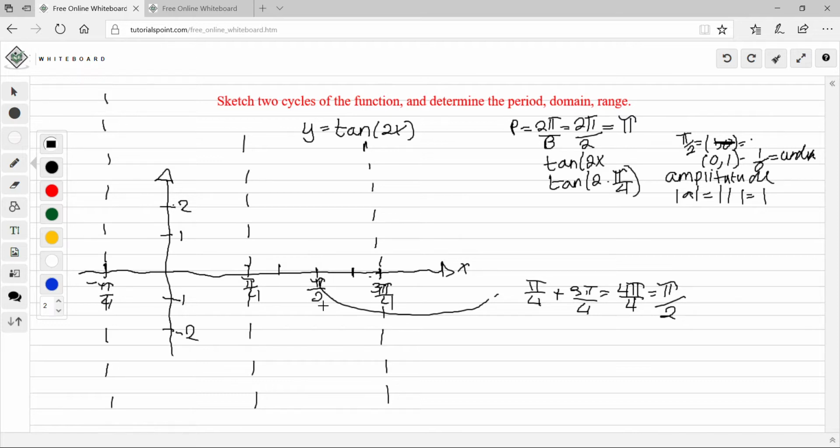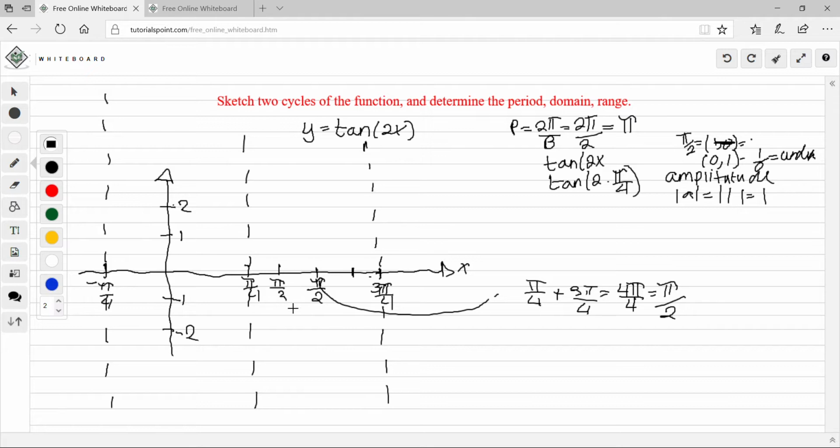Okay, now this is where you need to know your unit circle. We need a number between pi fourth and pi halves, and that number is pi thirds. So right here is pi thirds.